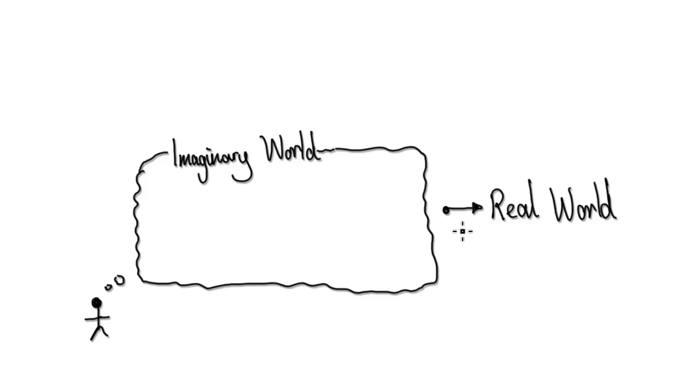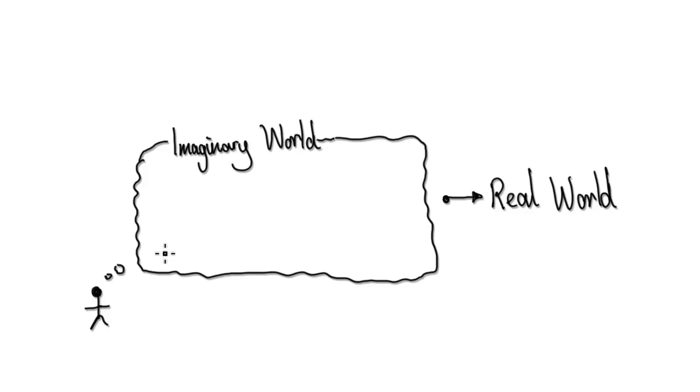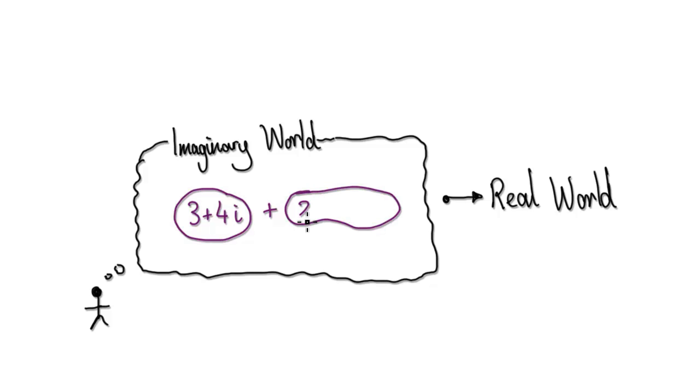Hang on. We would invent this thing called complex numbers. So for example, 3 plus 4i. We would invent this new numbering system. We would manipulate complex numbers. So for example, you could add it to another complex number. Let's say 2 plus 7i.